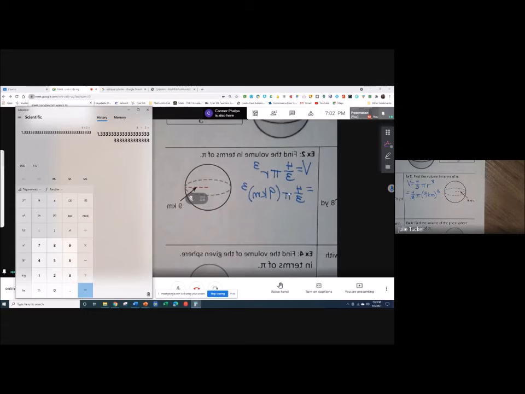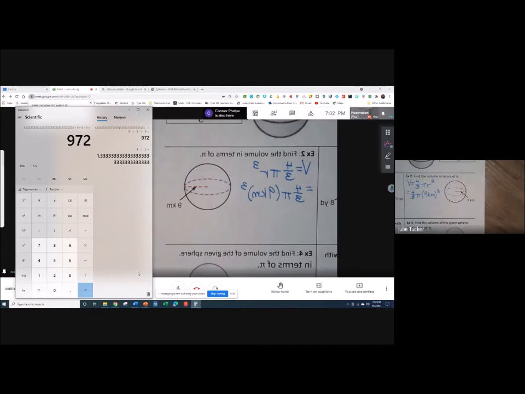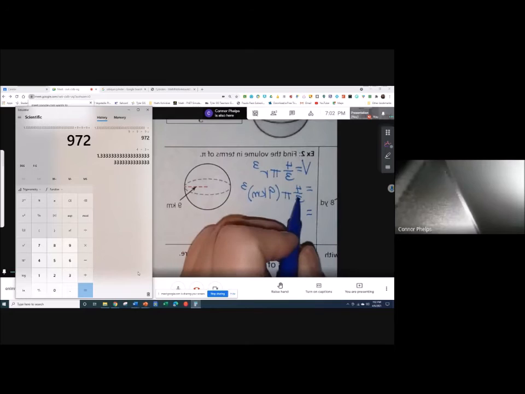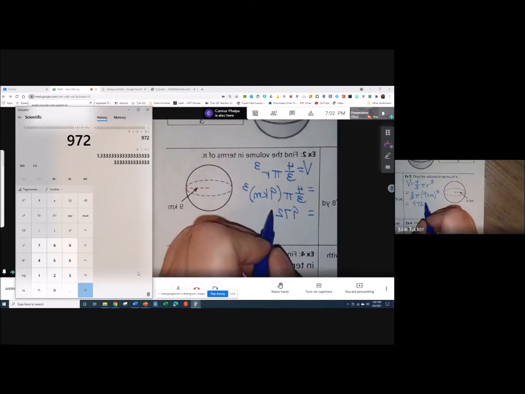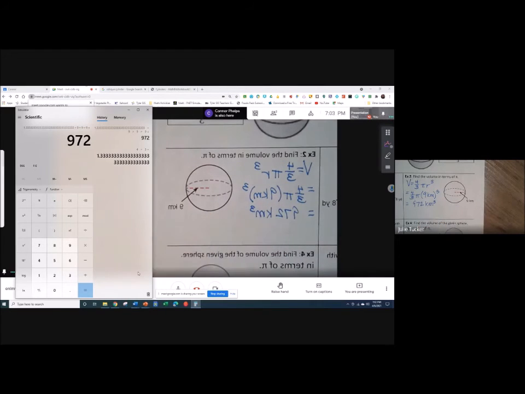Now I'm not going to press the pi button because they said to keep our answer in terms of pi. But I do need to do 9 to the 3rd power, okay? So I'm just going to say times 9 times 9 times 9. There you go. Okay. And I'm going to write 972 kilometers to the 3rd power.